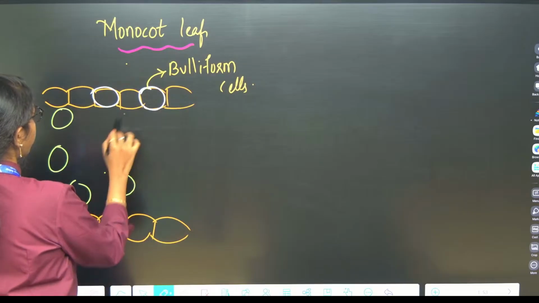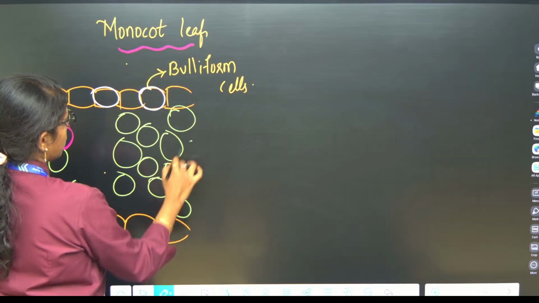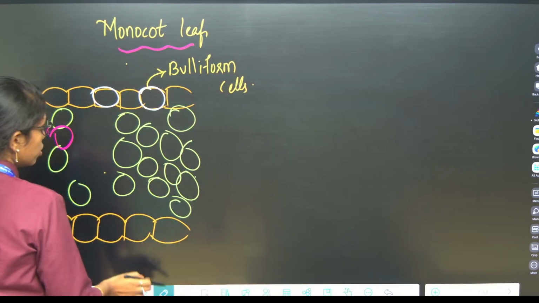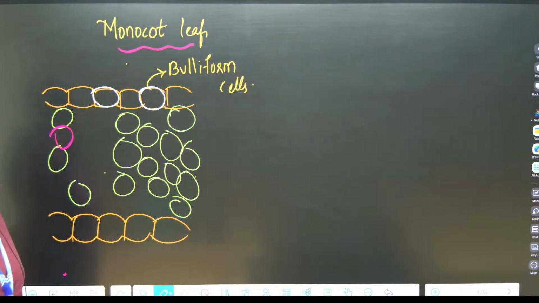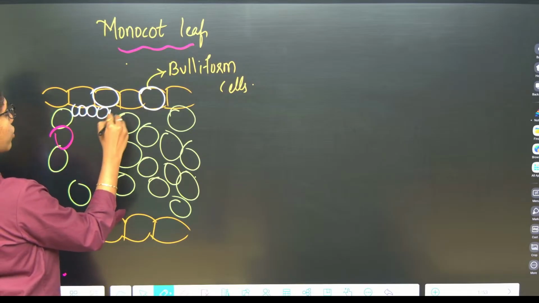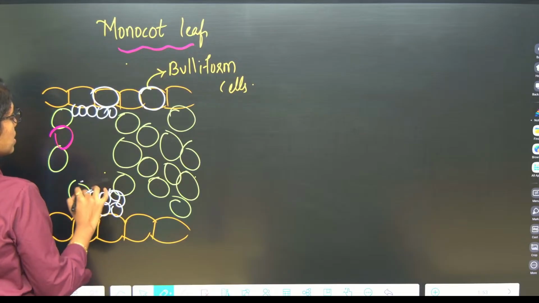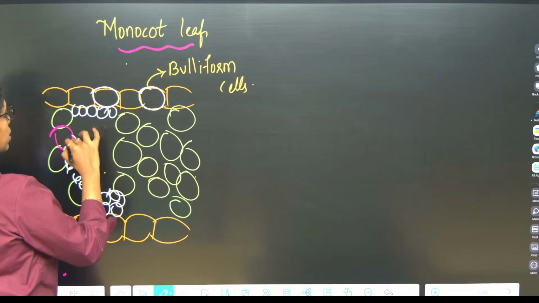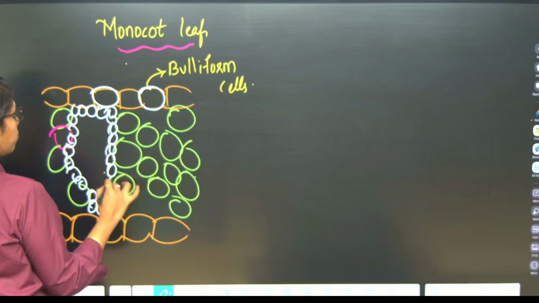In this mesophyll you can also observe bundle sheath cells. In the dicot leaf you can see single layered bundle sheath cells, but here you can see multi-layered bundle sheath cells. Bundle sheath cells are many layered.